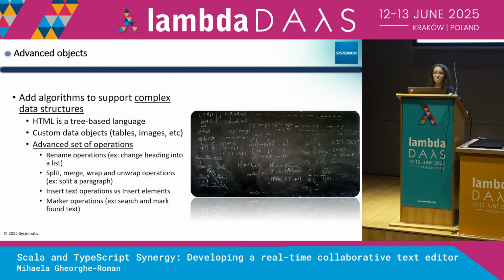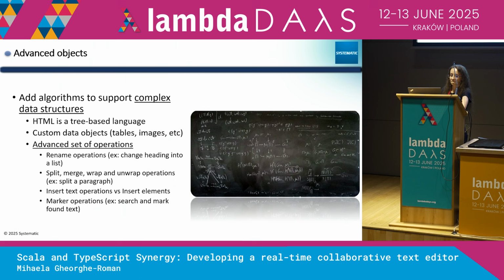So the DOM itself is a tree structure, and we can simply follow those indexes via the DOM. And we started to add custom data objects like tables, pictures, and so on. For example, when we wanted to change the list from a header, that's also a sort of information that we need to put into those objects that we started to build earlier.